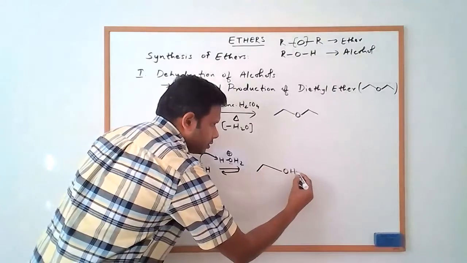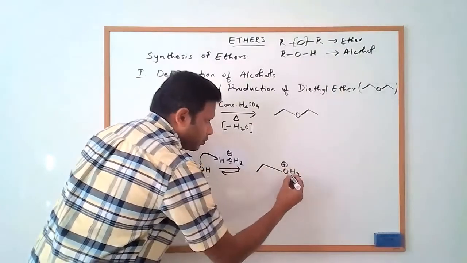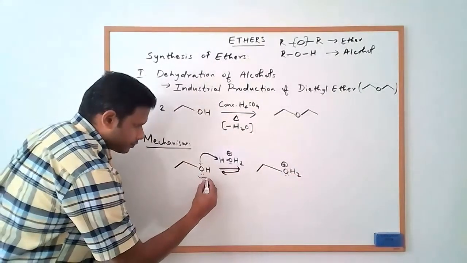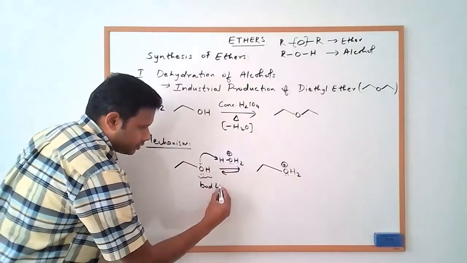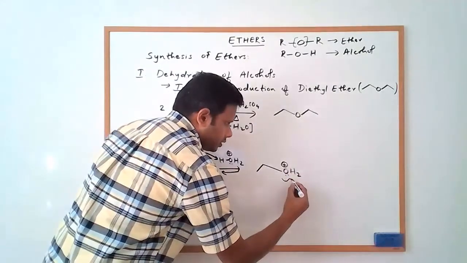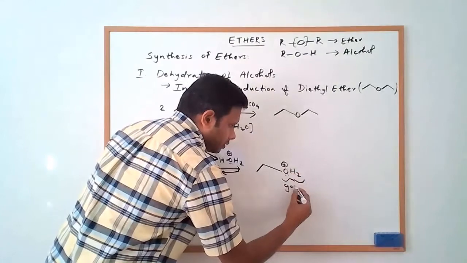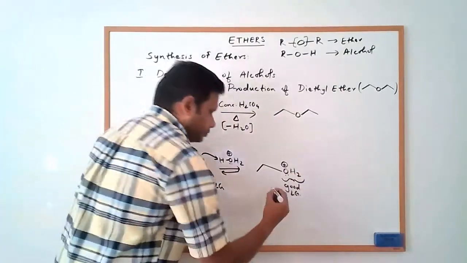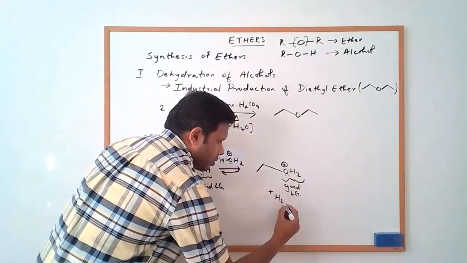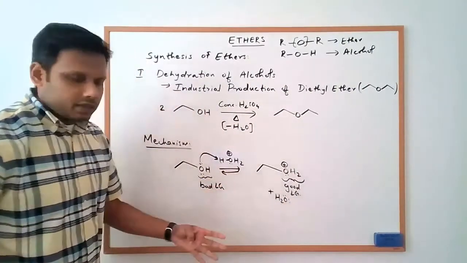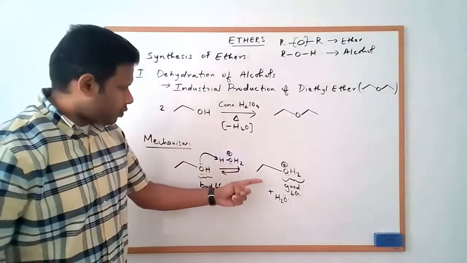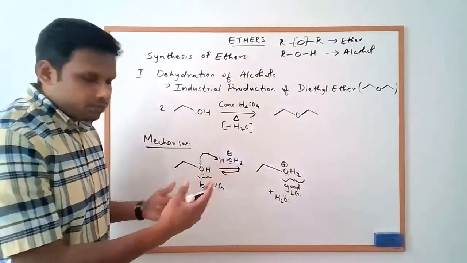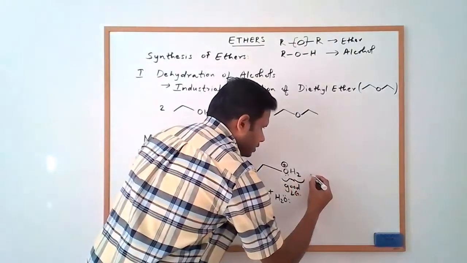By doing so, we've converted this bad leaving group into a good leaving group. And we'll make water along with this. From the hydronium ion, you're going to get water because the proton was picked up by the alcohol. So that's under equilibrium.